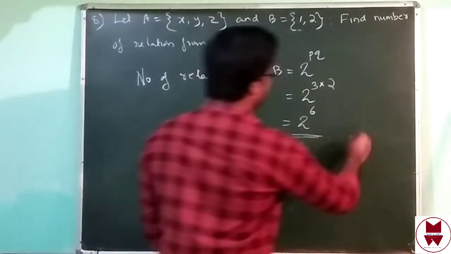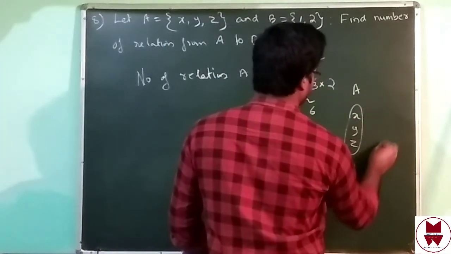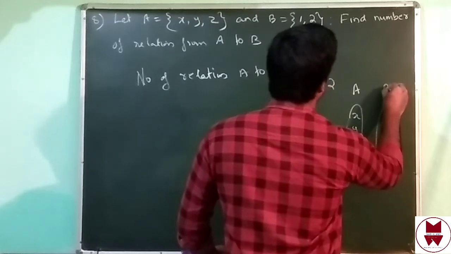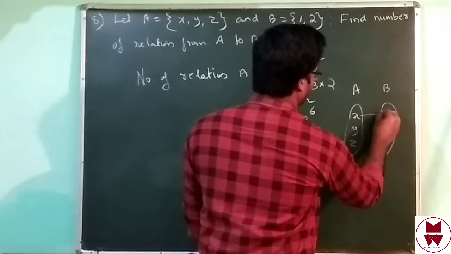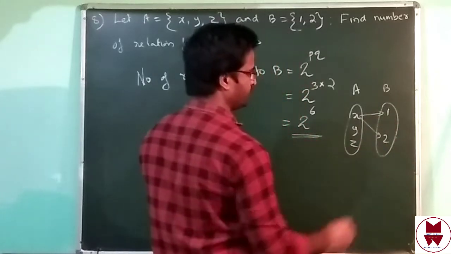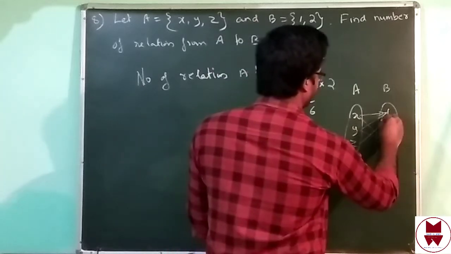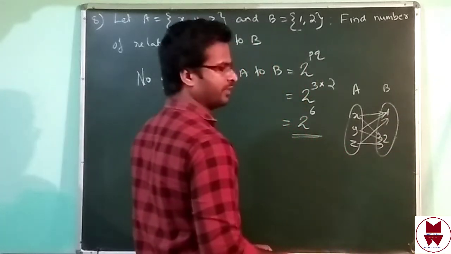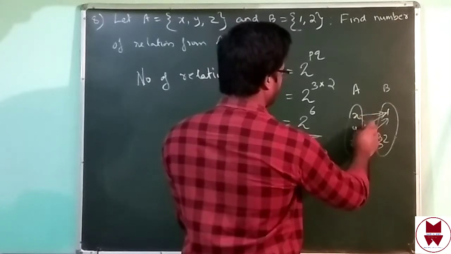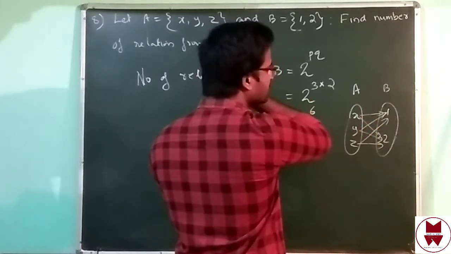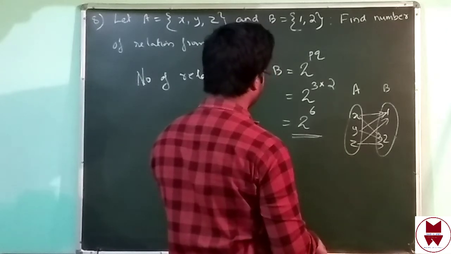Check it. This is A: x, y, z. This is B: 1, 2. We can make one relation like this, then another, and so on, then from here. Isn't it? 1, 2, 3, 4, 5, 6, so 2 raised to this.